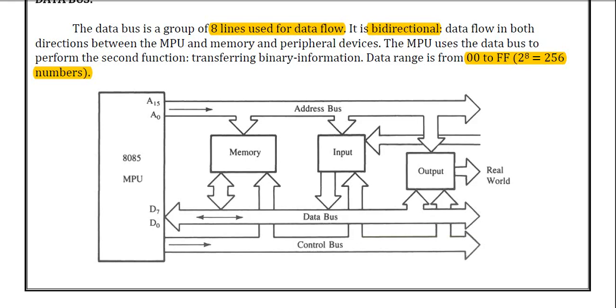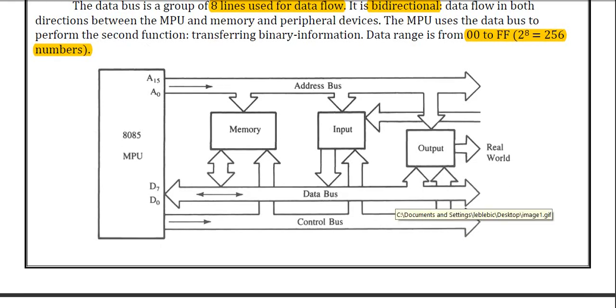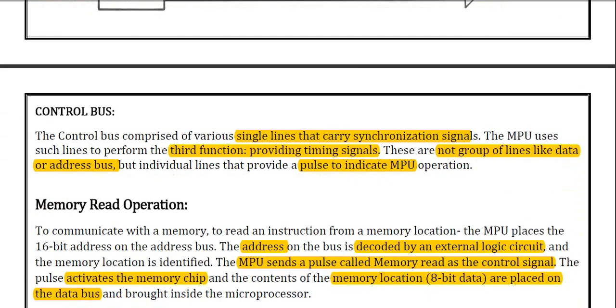Here the microprocessor is connected with the memory and input and output. The control bus controls and operates. It generates the various signals and carries them on signal lines to synchronize operations.